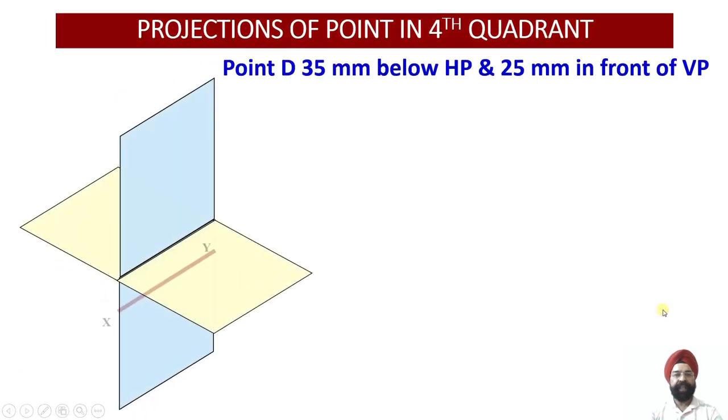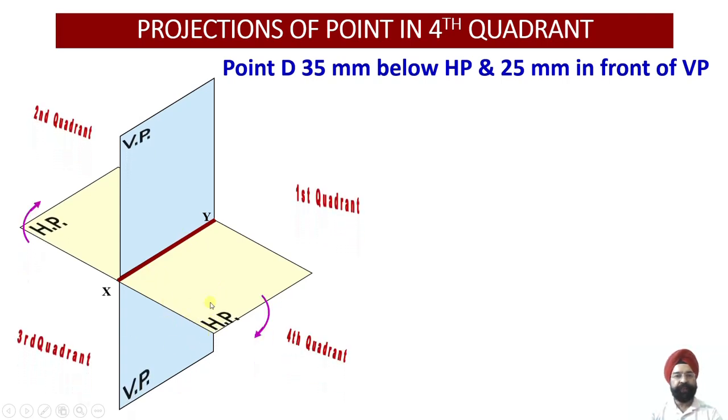Similarly, let us start with projections of the point in quadrant number 4, so there is point D. Please see, point D lies 35 mm below my horizontal plane. This is my HP. It lies 35 mm below my horizontal plane, and its distance from VP is 25 mm in front. So 25 mm in front and 35 mm below.